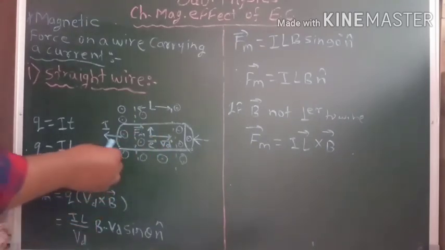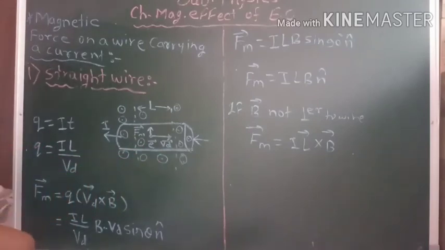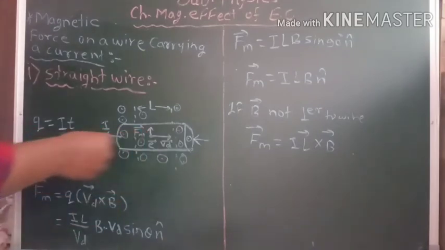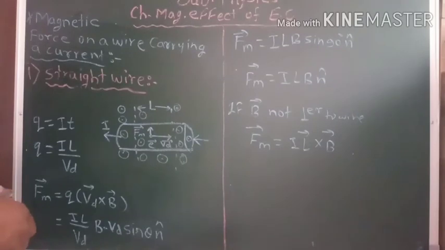We consider a straight wire of length capital L, and the external field B bar is also perpendicular to the wire. The current I flows through the wire when a potential difference is applied.